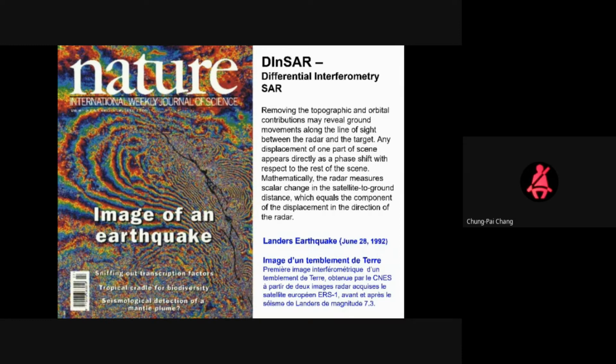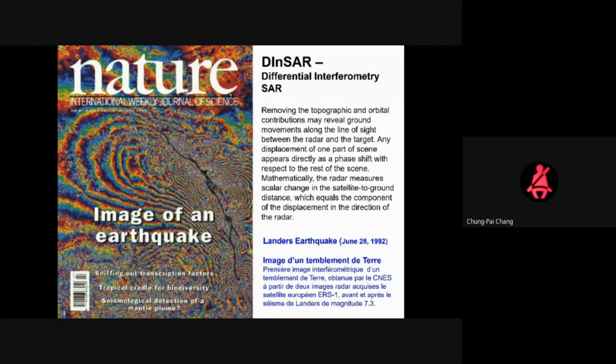This is a left lateral fault. It means this part goes up, and here goes down, and you can see the pattern of the deformation associated with the earthquake. As I mentioned, one circle corresponds to 2.8 centimeters, so we can see the deformation amount is quite large.